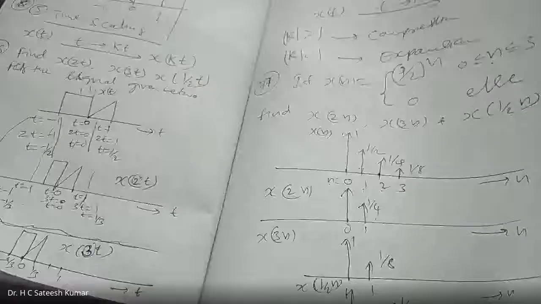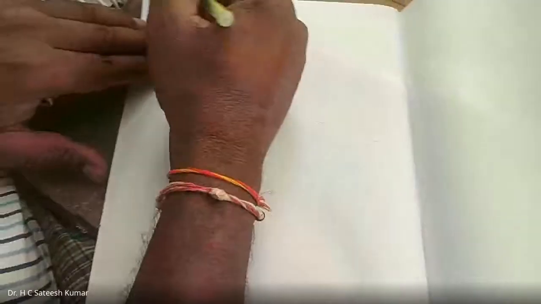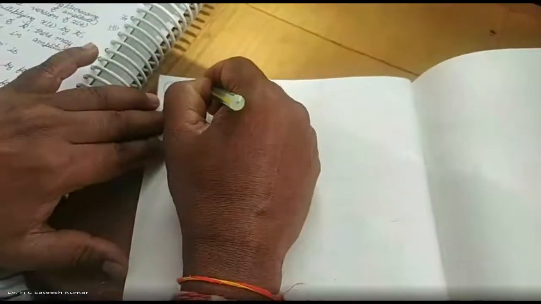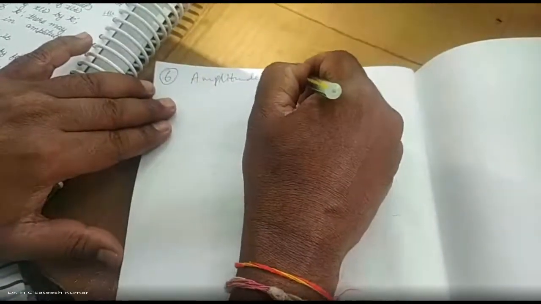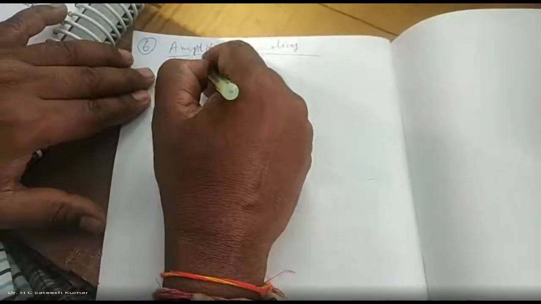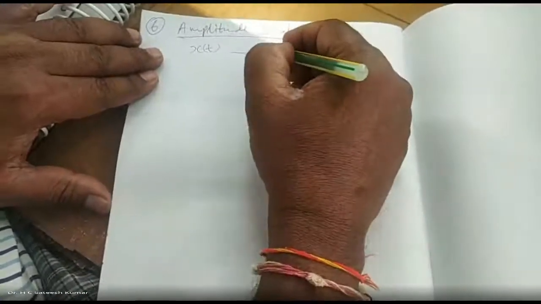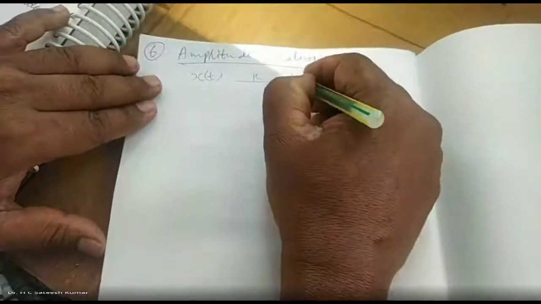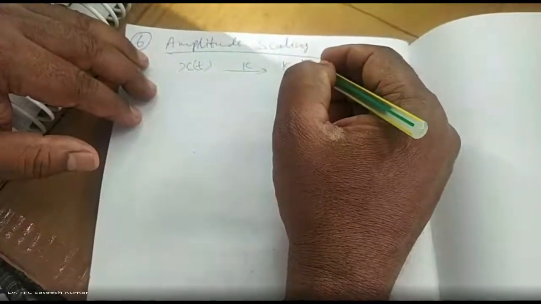So this property is property number 6, amplitude scaling. Let us say we have a signal x of t. The amplitude scaled version of x of t is obtained by multiplying x of t by k.